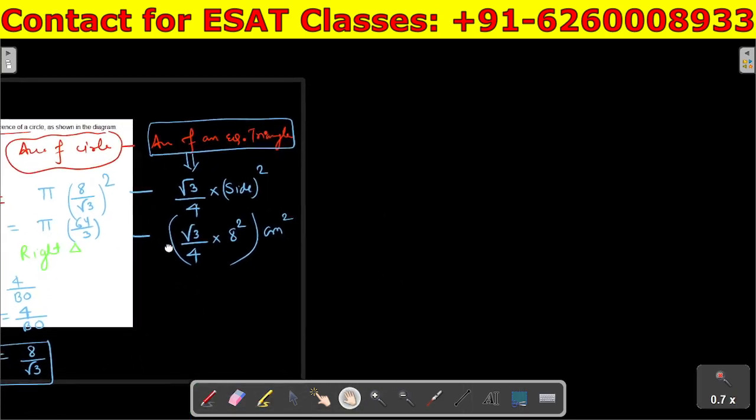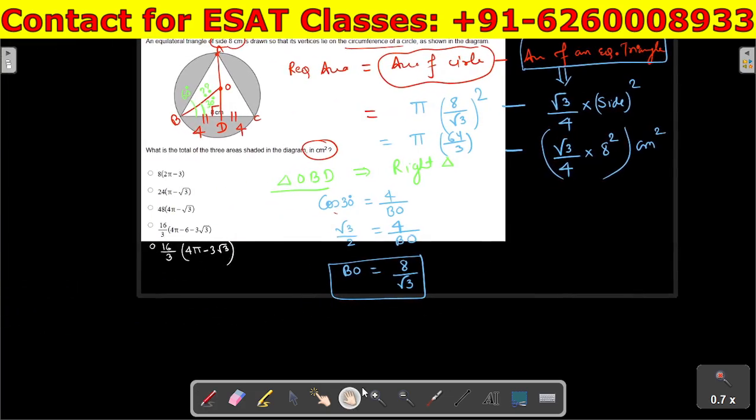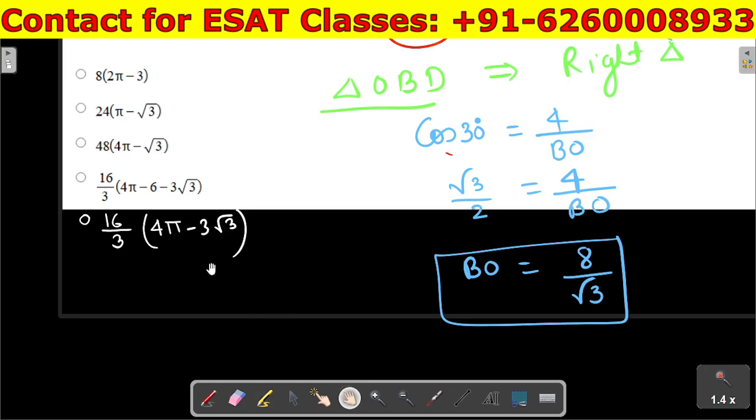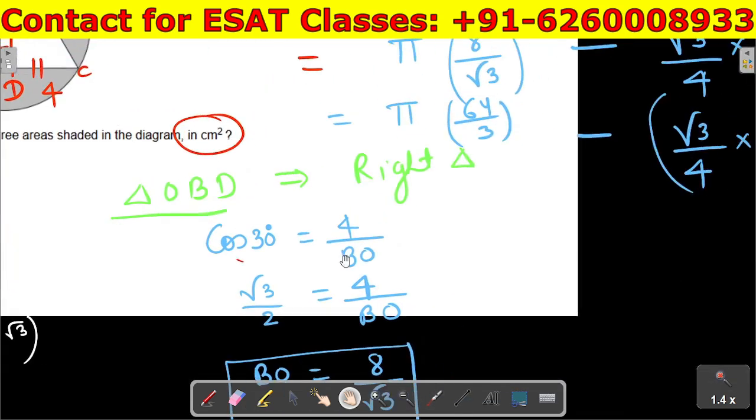So let us simplify this expression. Our answer is in front of us. We just have to write it in proper form. What will be the proper form? See the options here. I have to follow the options. Some constant is taken outside as a common, then I have to adjust in this manner.